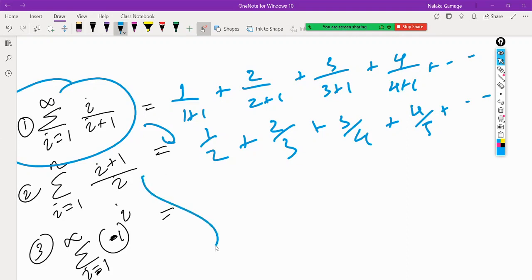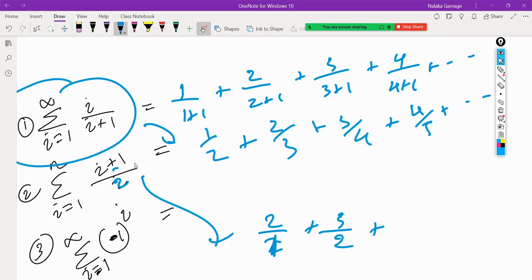Let's take the second one. I equals 1: 1 plus 1 is 2, divided by 1. Then I is 2: 2 plus 1 is 3, divided by 2.